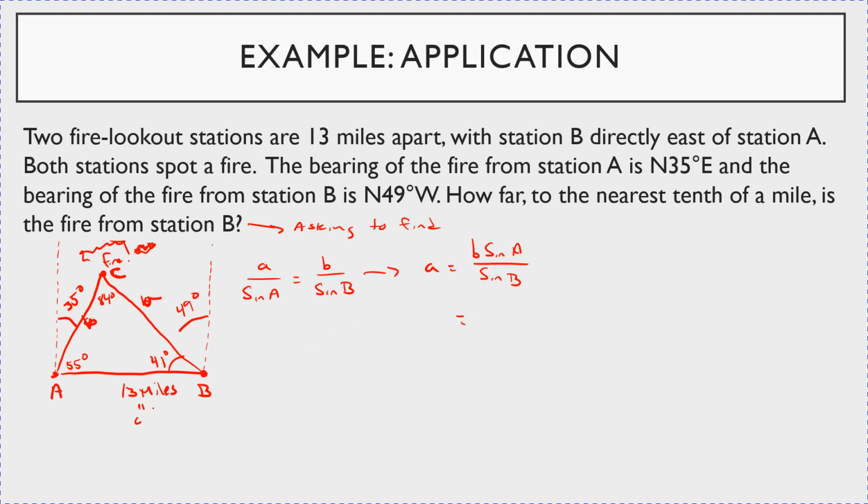So I'm going to have to use c, sorry about that. c times sine of A over sine of C. So yes, 13 times sine of A here, which is 55 degrees, over sine of C, which is 84 degrees.